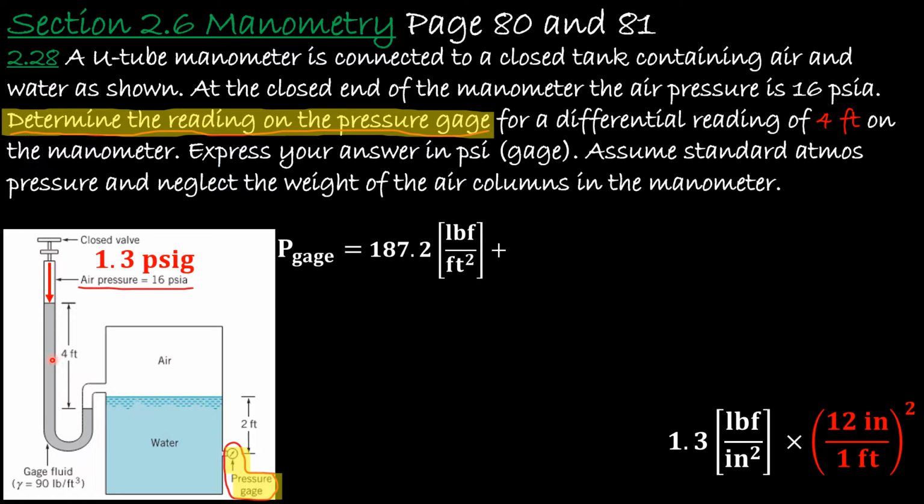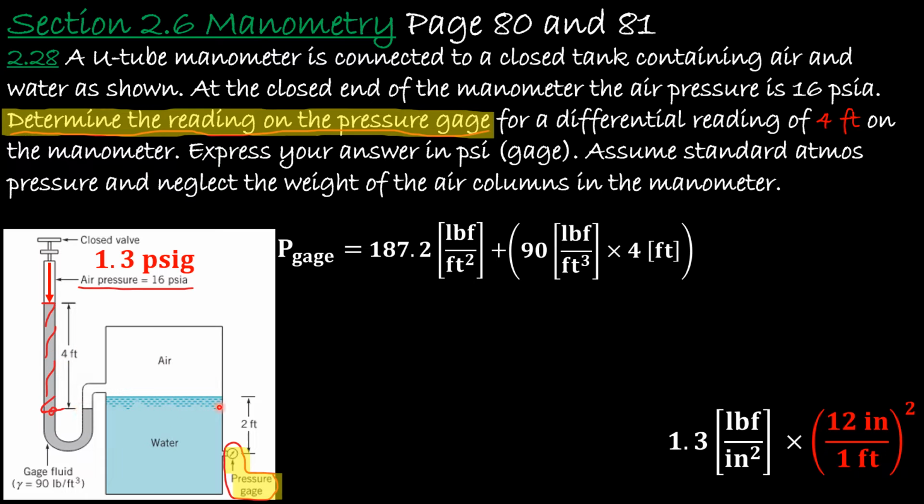And from the hydrostatic equation for a static fluid, the pressure change is the specific weight of the fluid times the height, which starts from here to here. So that's the portion. Here we will write down 90 pound force per feet cube times the height of 4 feet.